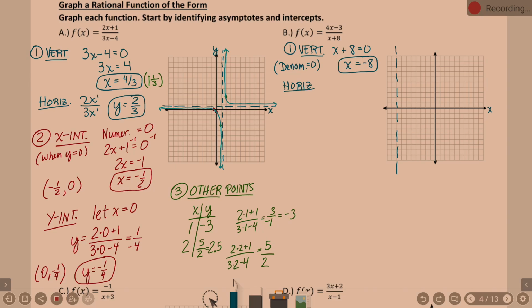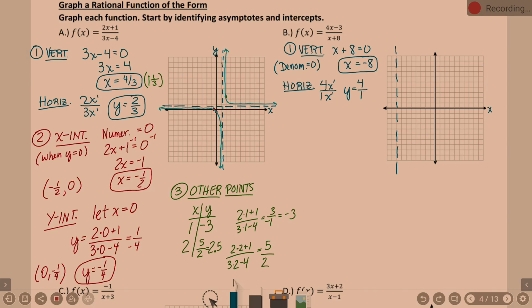Okay. What are you thinking for horizontal asymptote this time? Look at your powers. Highest power on top is 4x to the first. Highest power on bottom, x to the first. When the powers match, use the numbers out front. What are my numbers out front? 4 over 1. And 4 over 1 is 4.